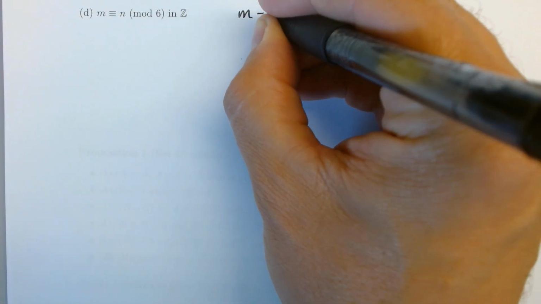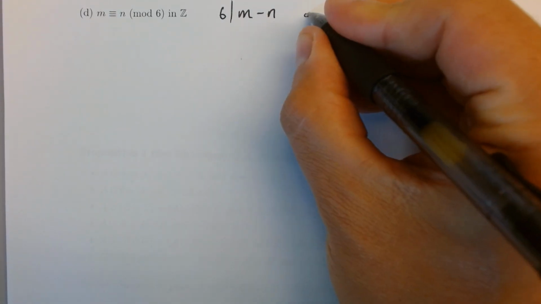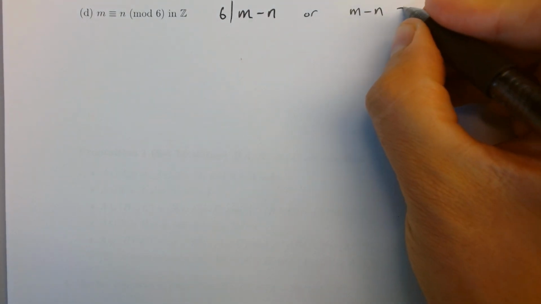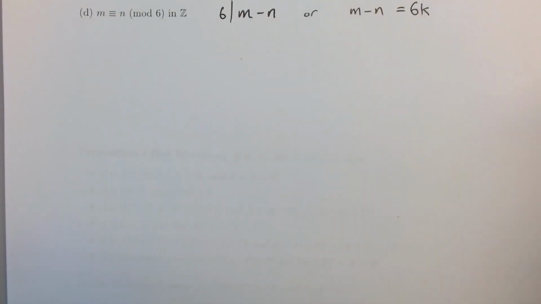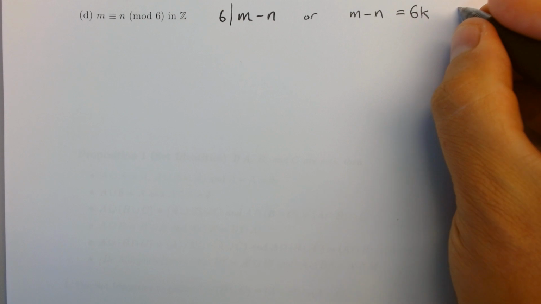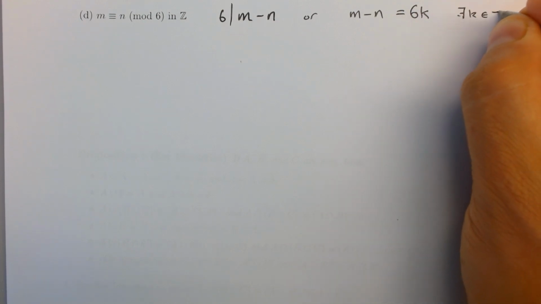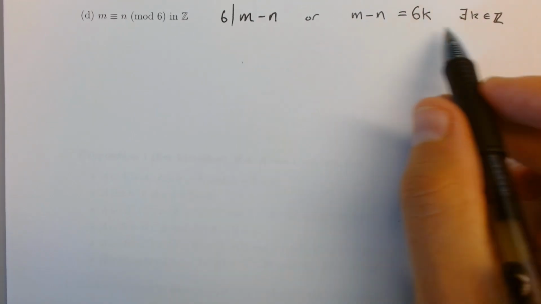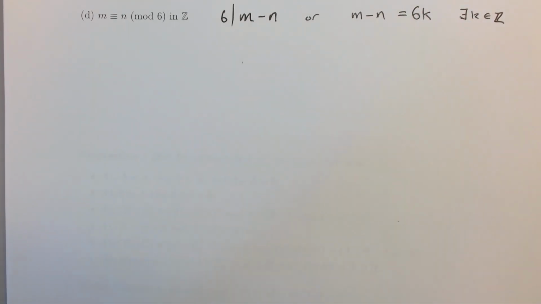M congruent to n mod 6 means that the difference between m and n is divisible by 6, so we could write it this way. Or we could say the difference between m and n is a multiple of 6, so m minus n is equal to 6 times k for some k in the integers. We'll probably take this as our definition as we go forward.